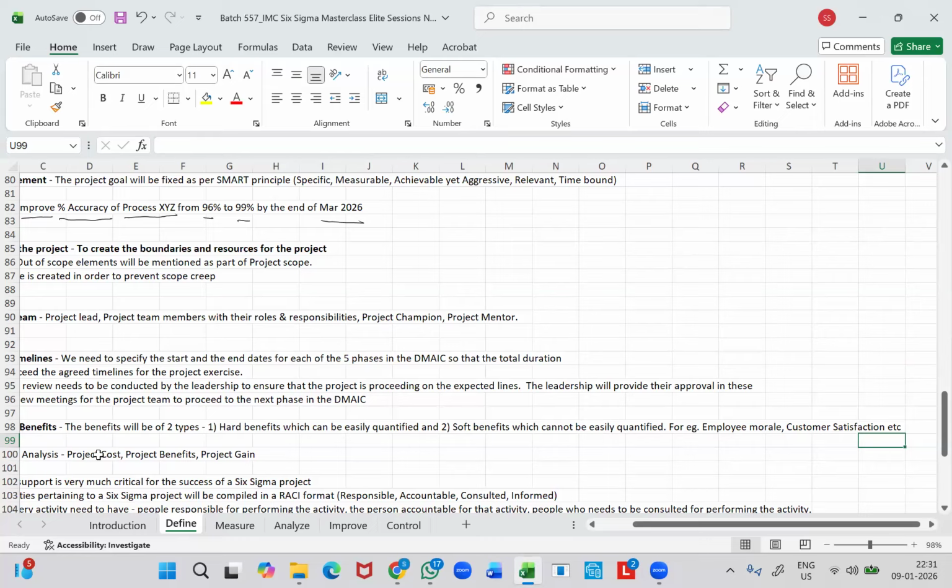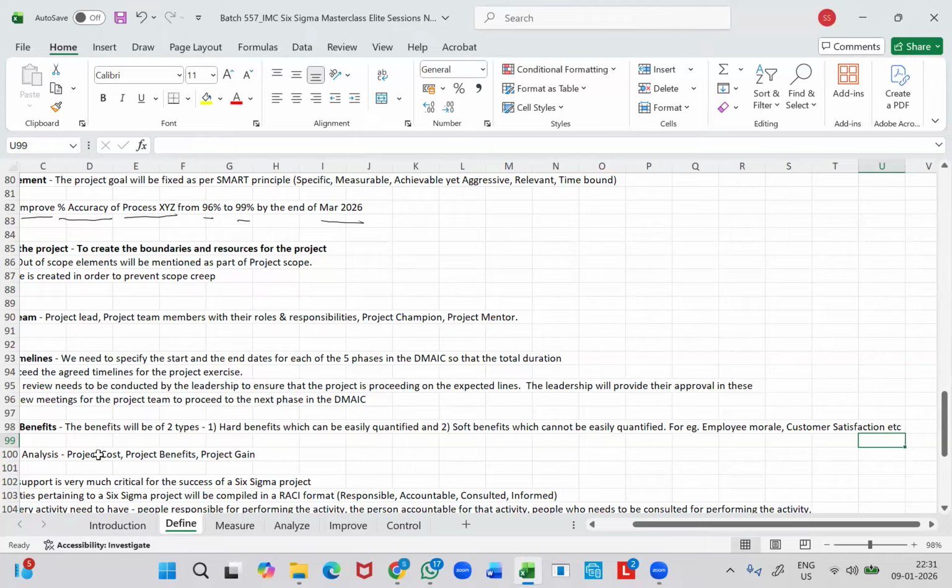You would have quoted that there will be cost of poor quality to the extent of, say, $10,000 per month. So as part of hard benefit, you can say that there will be a cost saving to the extent of $10,000 per month. And in that business case, you would have stated there could be a potential revenue loss due to loss of business opportunities to the extent of $1 million per annum.